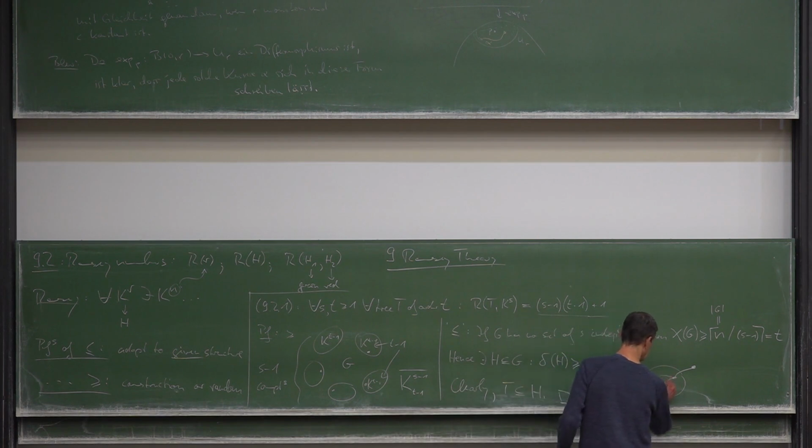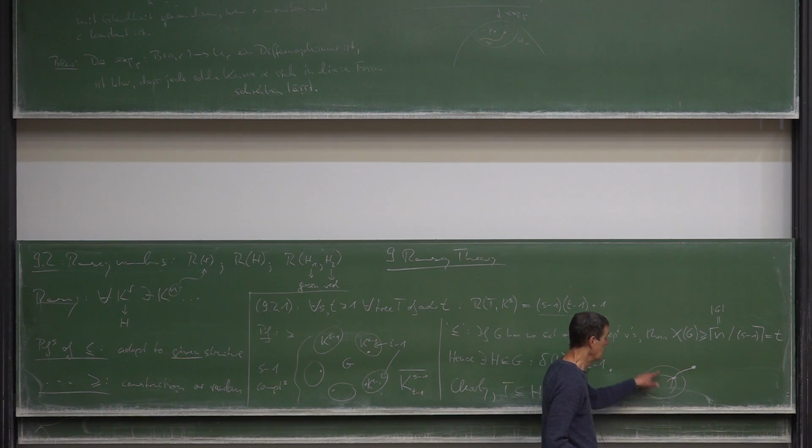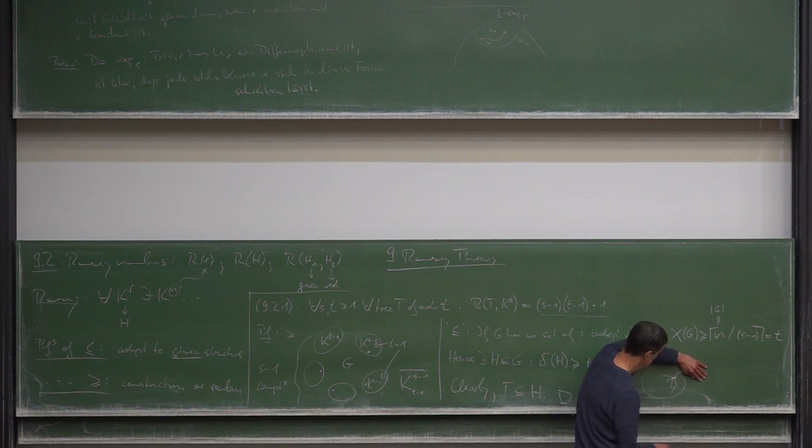This vertex here has at most in G, at most how many neighbors? Well, if we haven't embedded all of T, then this isn't all of T. So this is only t minus 1 vertices at most. Then the neighbors in here are at most t minus 2.